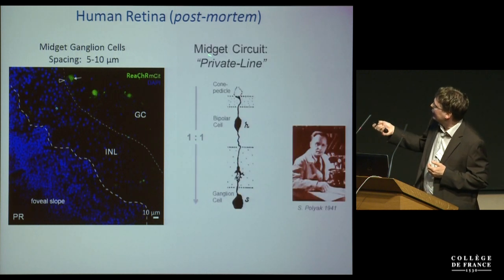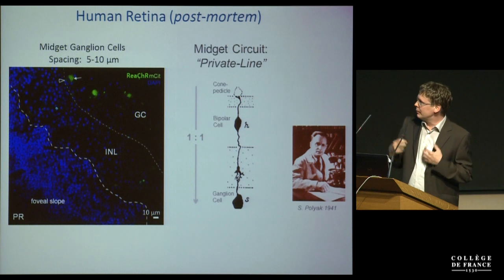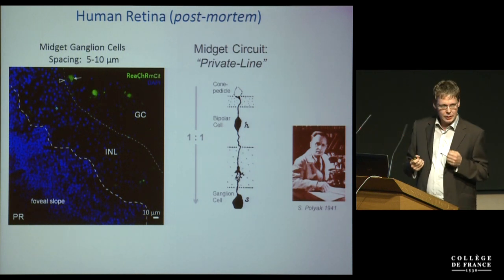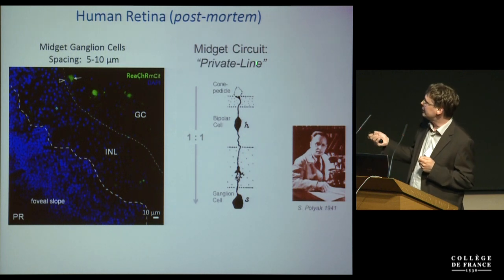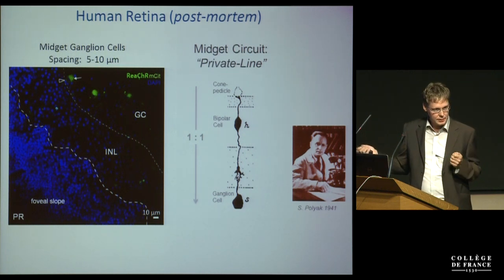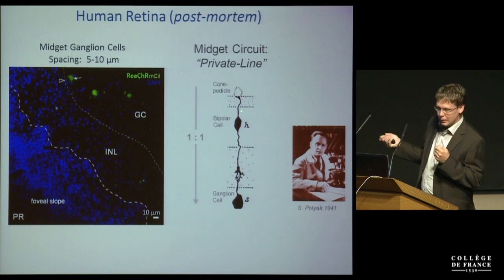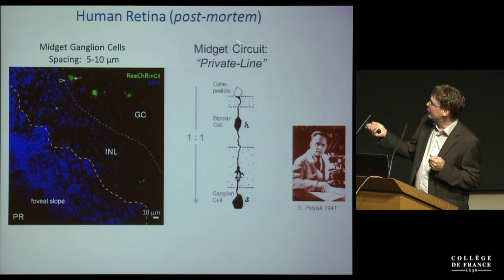Now, coming back to the retinal circuitry, there's one important thing we have to keep in mind. If you're able to target these cells, you could, in principle, reactivate the midget circuit.